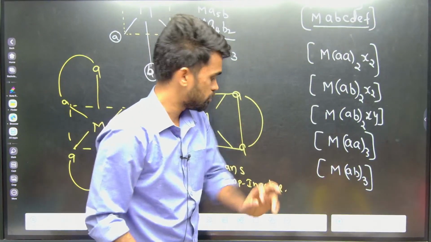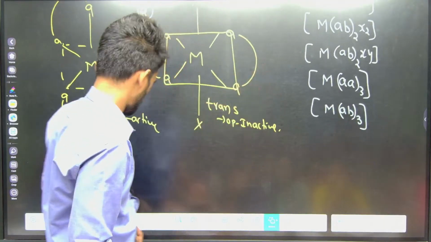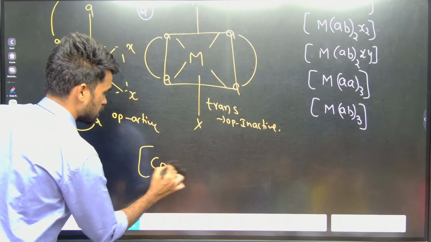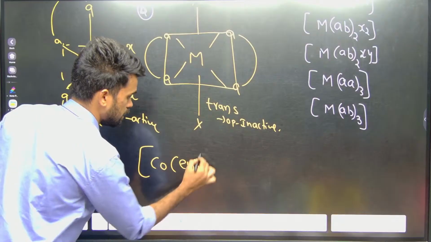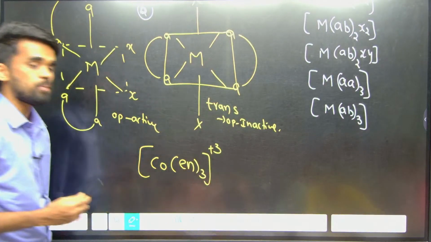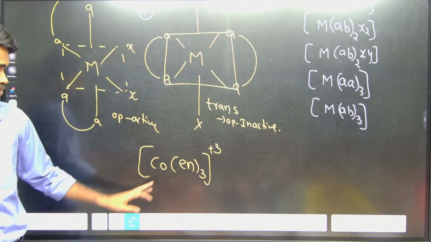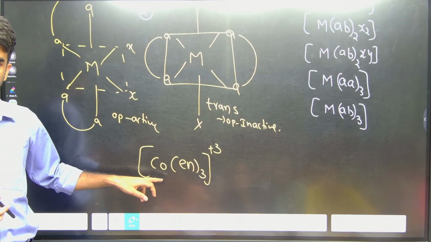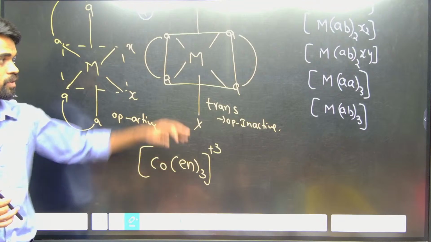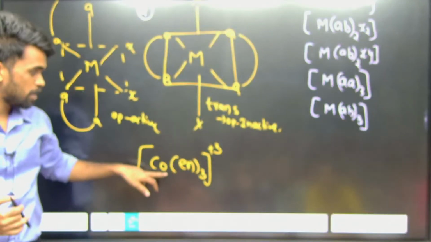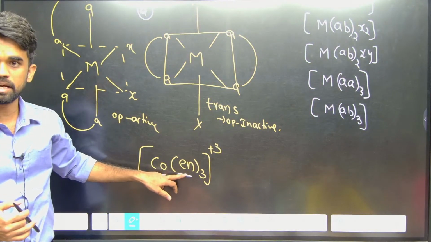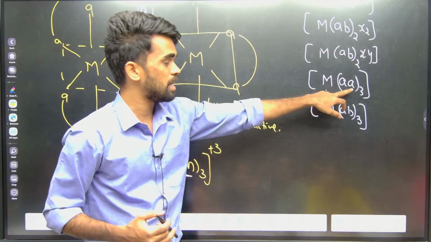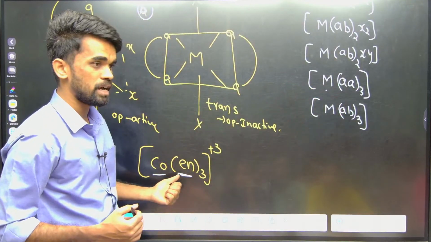Now in the exam, they will give a question like this. Cobalt, this was previously asked, in 3 plus. Optically active or inactive? This one. What type of complex is it? M(AA)3 type. So is it optically active or inactive?